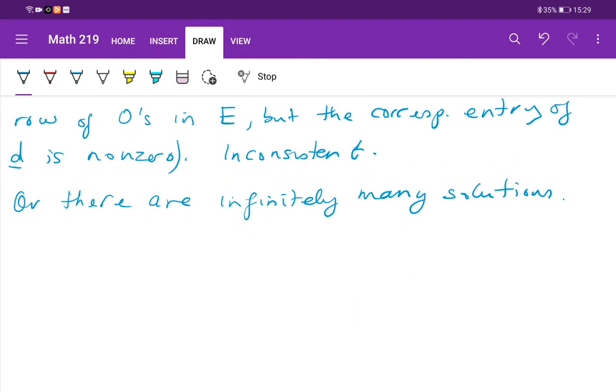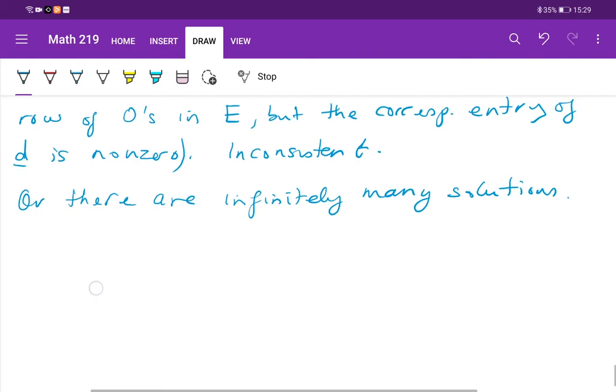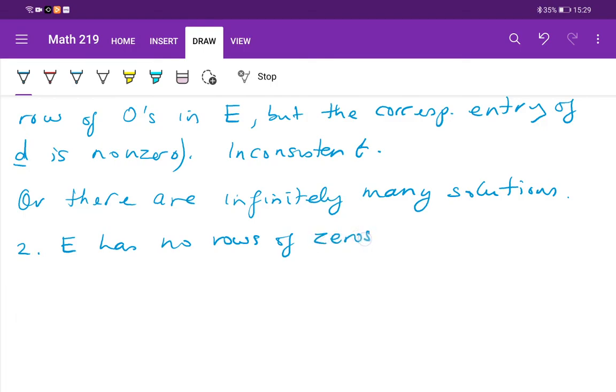So the other case is that E has no row of zeros. What happens in this case? Every row of E must be non-zero, not identically zero.